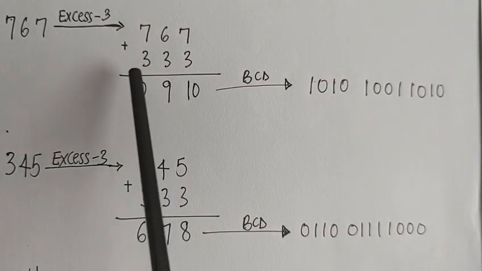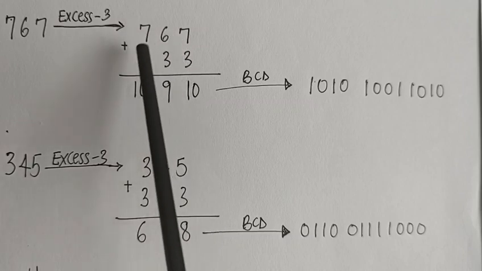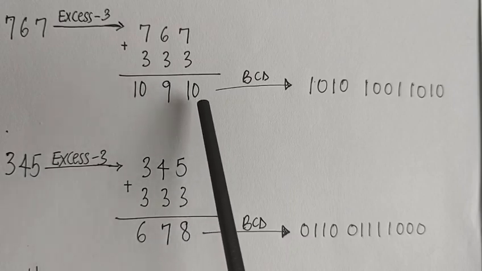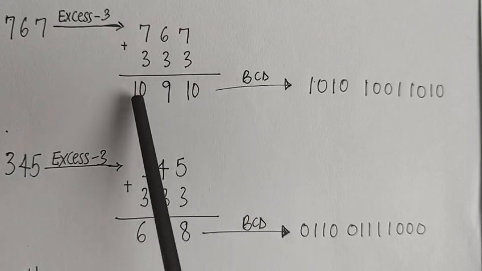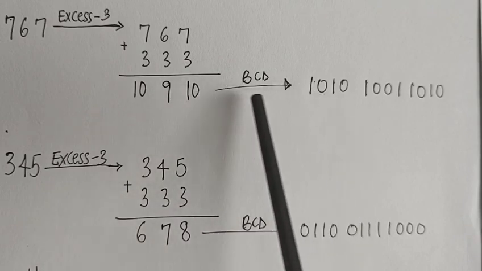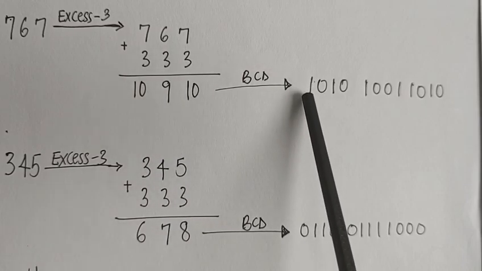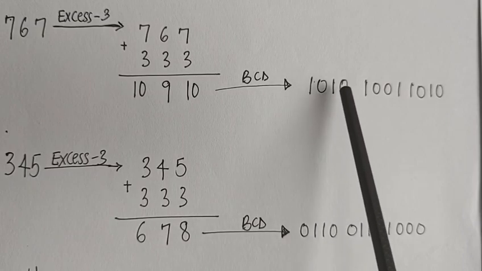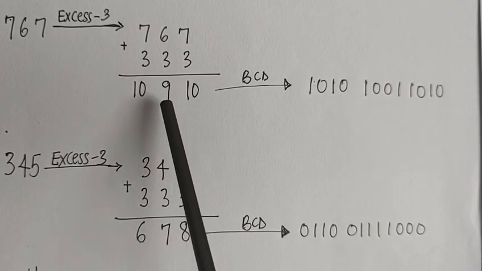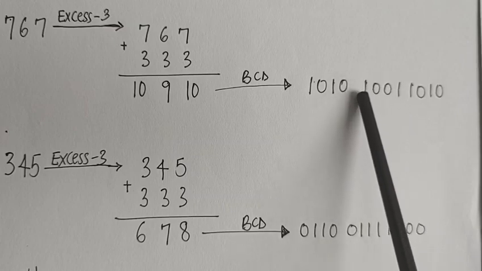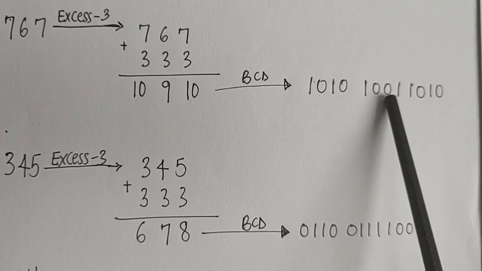After obtaining the excess 3 code, we need to take the BCD for this value, which means representing each of these digits in its equivalent of 4 bits. So 10 is going to be represented with 4 bits, which is 1010, 8 plus 2 gives us 10. 9 is represented with the corresponding 4 bits, so that is going to be 1001, which gives us 9.